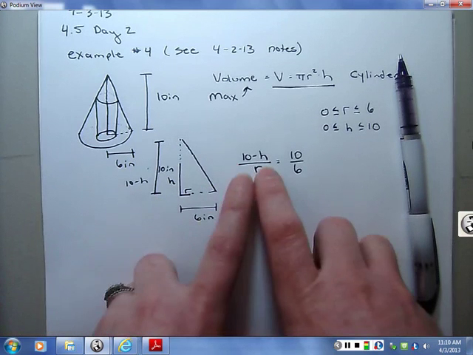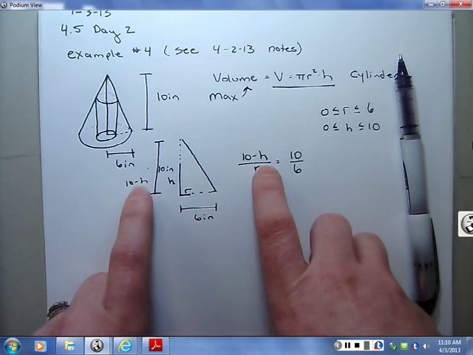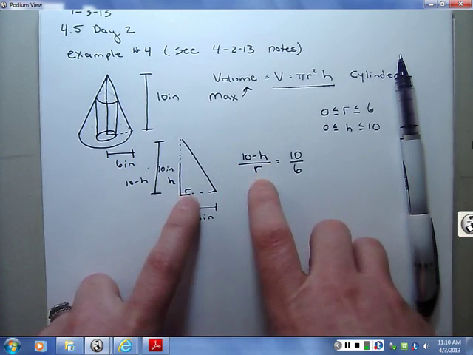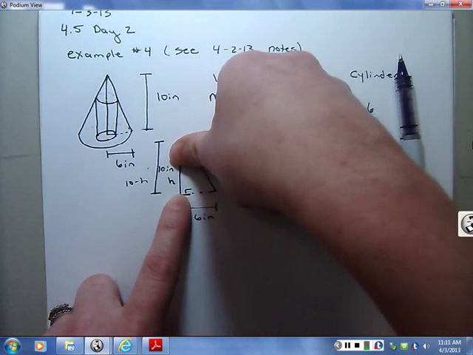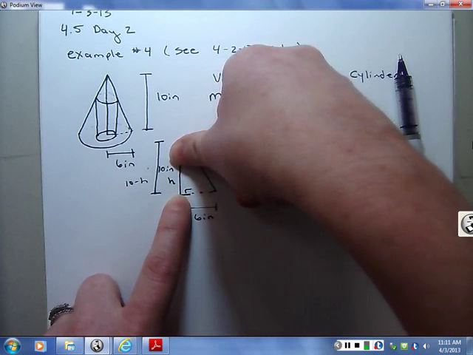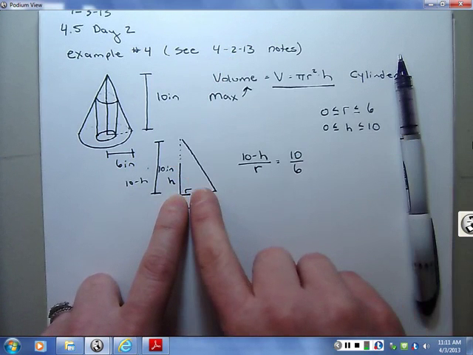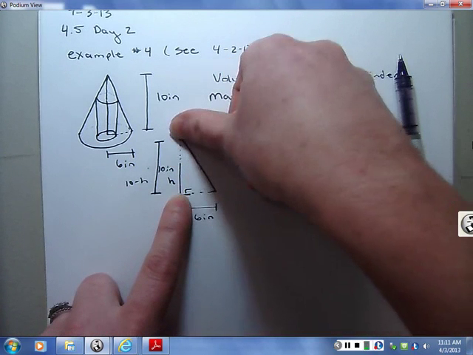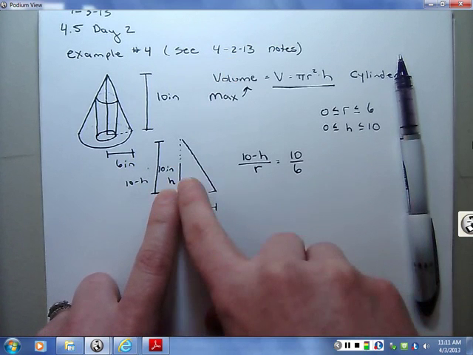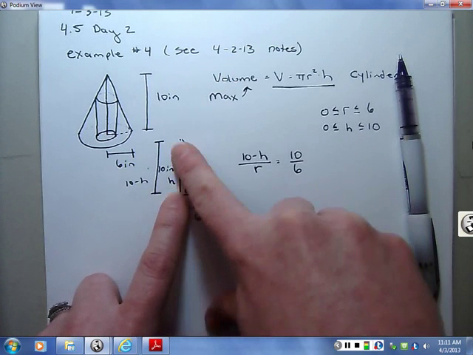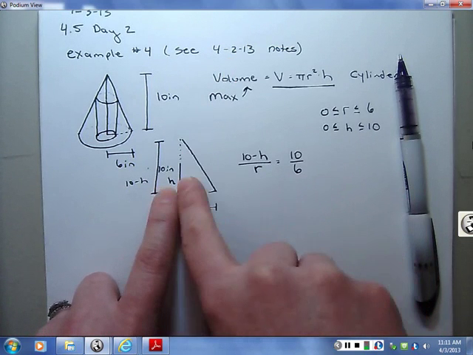The way I set it up is I said 10 minus h is to r, which would be this distance, right? The smaller triangle's height to the smaller triangle's radius is going to be the larger triangle's height to the larger triangle's radius, right? So I needed to get this distance as a function of h. I couldn't just use h.